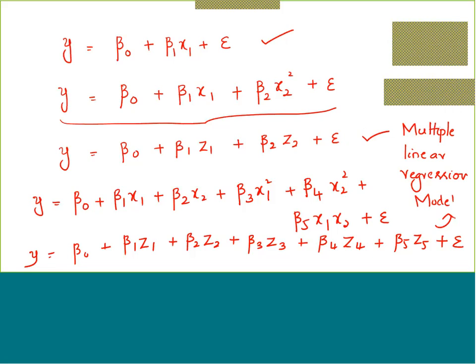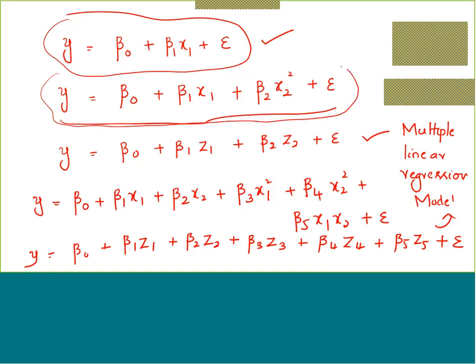So if you take a problem of a simple linear regression model, it can also be treated as a generalized linear model. Similarly, if you take a second order model with one independent variable x1, you can treat it as a multiple linear regression model like the way we have done.